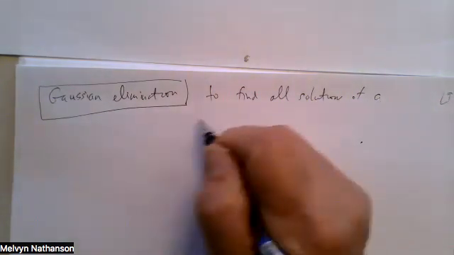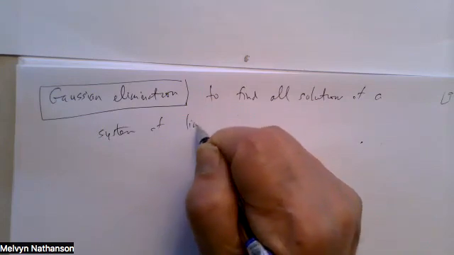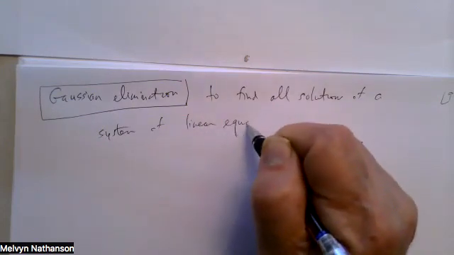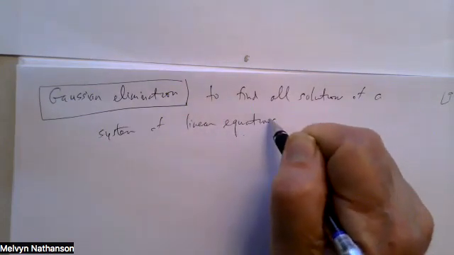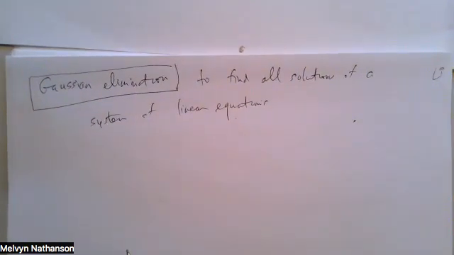And this allows you to find all solutions of a system of linear equations. And what if the equations are inconsistent, have no solution? Then this algorithm of Gaussian elimination will tell you the system is inconsistent.